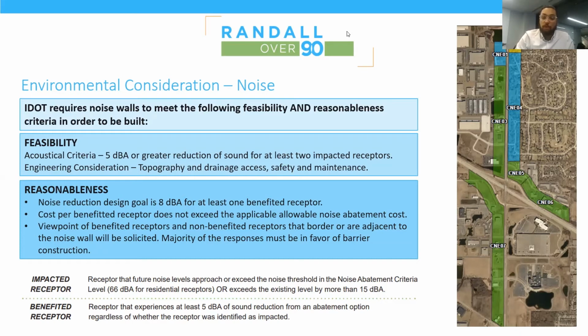From there, you model the no build case, assuming the project does not happen. From there, you would then model the project, and you would compare the no build and the project.